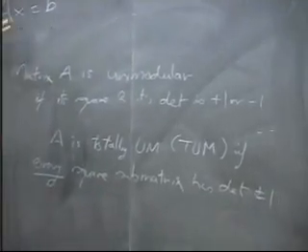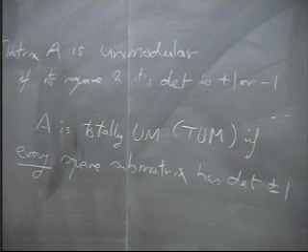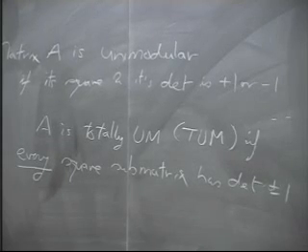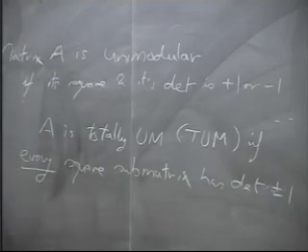So we take the matrix A and we find every square submatrix, of smaller or bigger size, until the largest possible size. And if all possible square submatrices have determinants plus or minus 1, then it's totally unimodular. And then we can just take this, give it to a solver, and you're done.